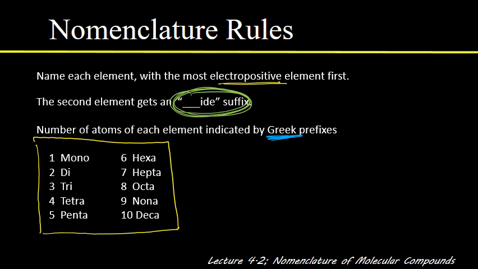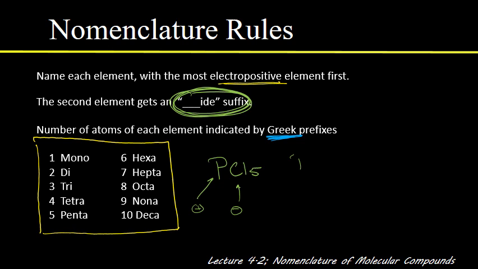Right. So for example, let's look at that one we had a little bit ago, PCl5. Our phosphorus is our more electropositive element, and the chlorine is our more electronegative element.